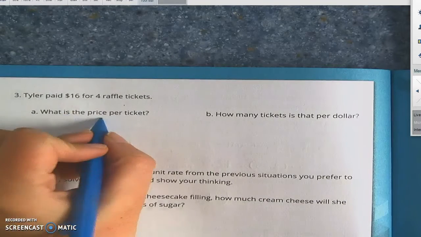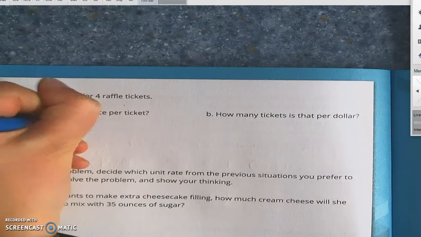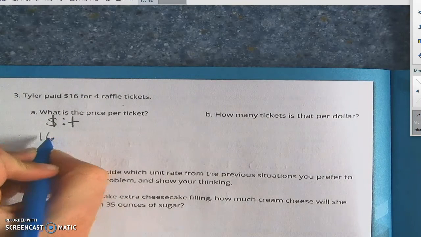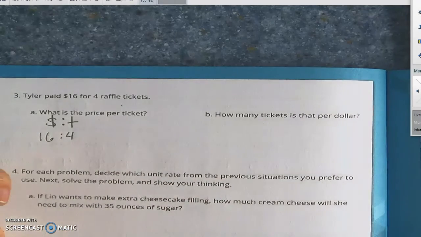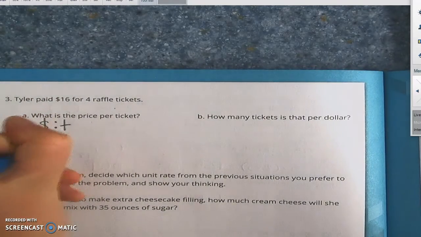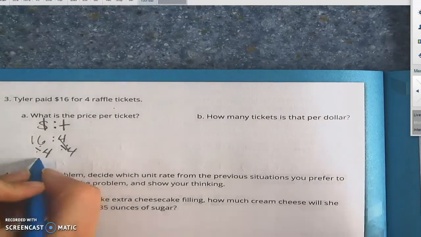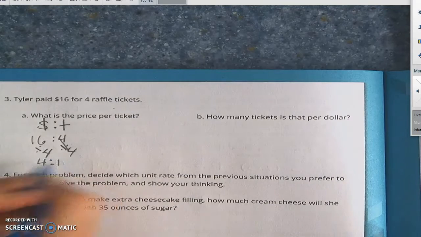So when I want the price per ticket, I'm going to put the dollars first and the tickets second. So 16 to 4. And I want for 1 ticket, so I'm going to divide by 4. And we get 4 to 1.